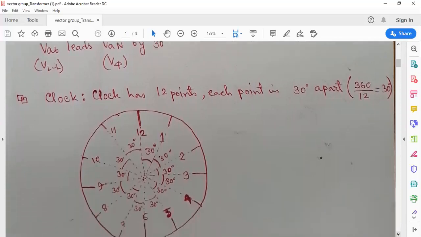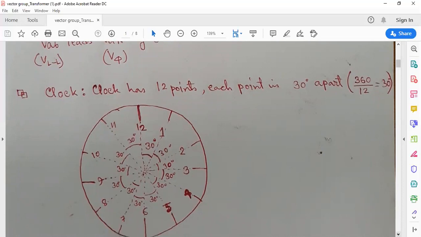A clock has 12 hands indicating 12 hours. This is the picture of a clock, like 12, then 1, 2, 3, 4, 5, 6, 7, 8, 9, 10, 11, 12. We are familiar with this idea.